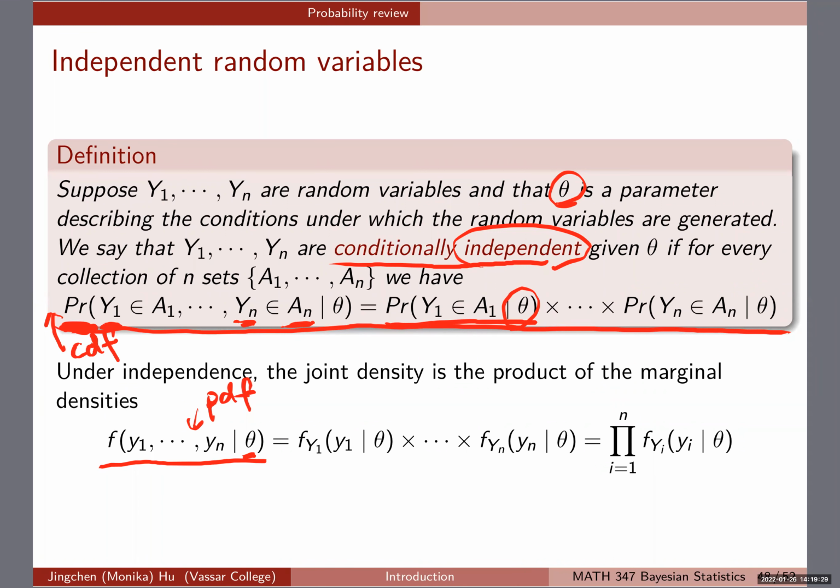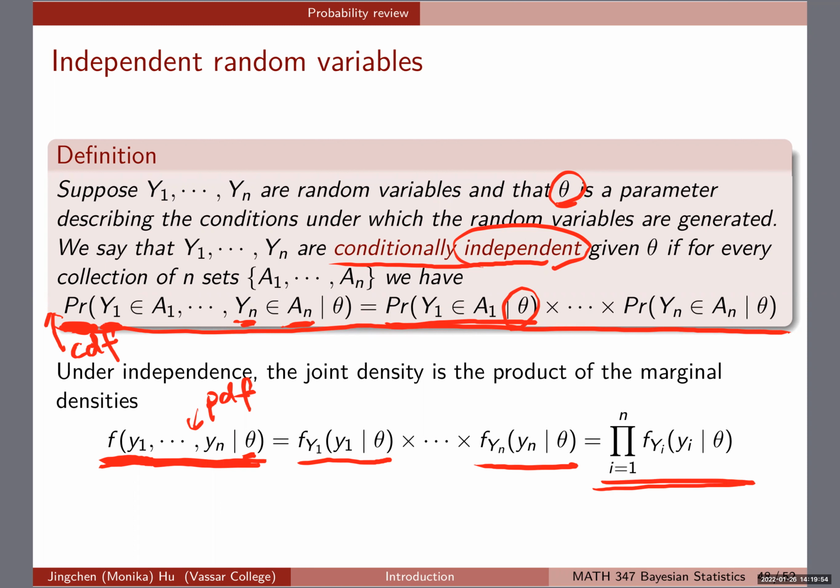With that in mind, the joint PDF, as we reviewed earlier as well, if they're conditionally independent from each other, is the product of all of the marginals together. And that's why a lot of times we use this big pi, the product notation. So we're able to get the joint CDF as the product of all of the marginal CDFs.